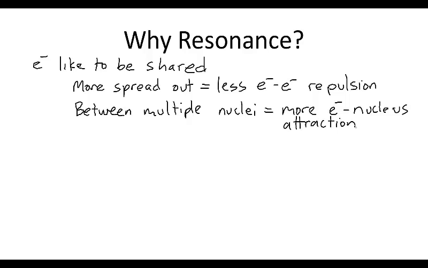So resonance is this situation where you allow electrons to get away from each other and to be close to more nuclei. So you have less repulsion, more attraction. It's a win-win. So resonance stabilizes the molecule as a whole.